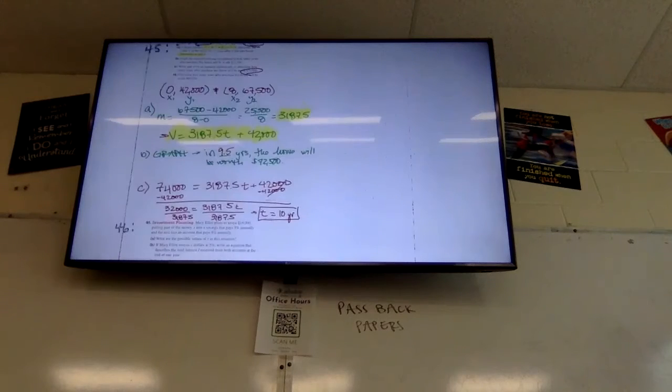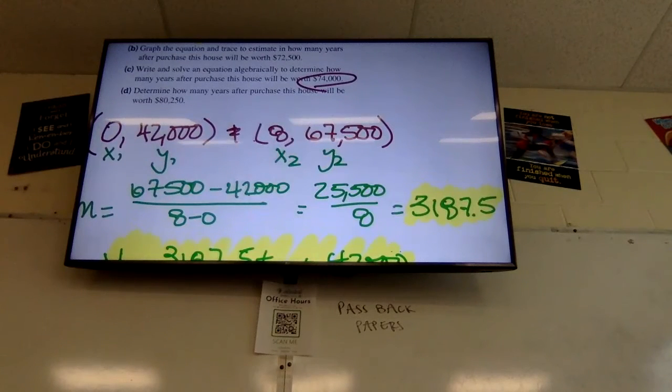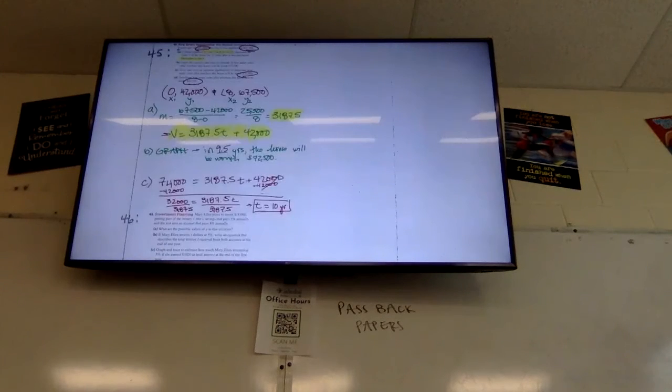The last part of this has one more, and it says determine how many years after purchase this house will be worth 80,250. That's the exact same thing that we were doing. Again, you could graph it. Again, we could do it algebraically. I'm going to do it algebraically very quickly, and then we'll move on to the next one. So 80,250.